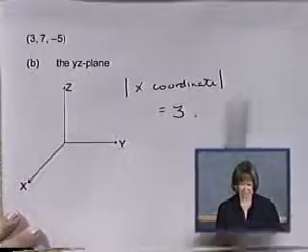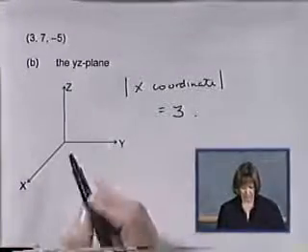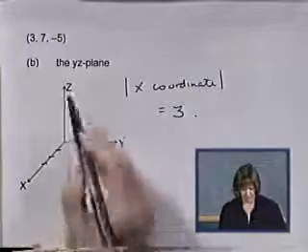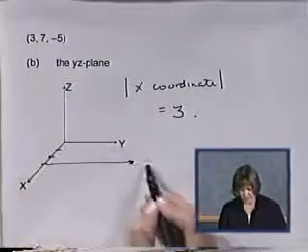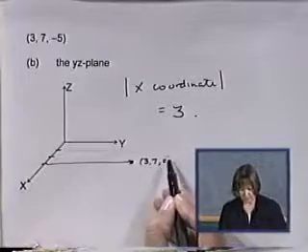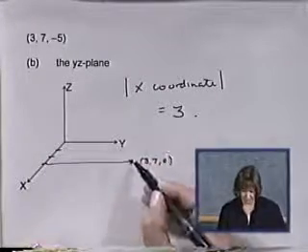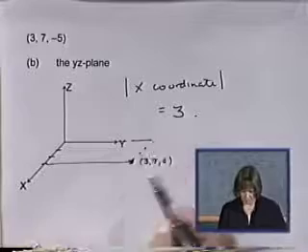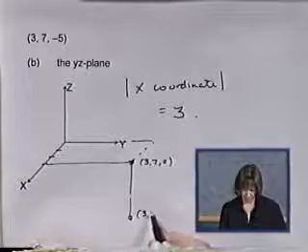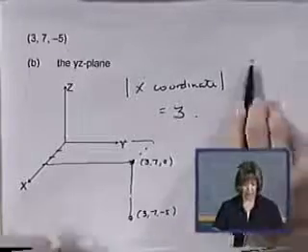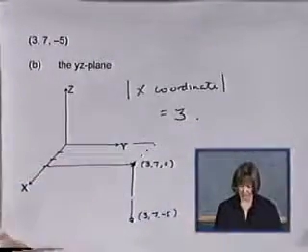Well, let's just see. But after a while, you're going to want to do it the quick and dirty way. If I go over 3 in the x direction, 7 in the y direction, so that point right there is 3, 7, 0, and then down 5. And I want to know the distance to the yz plane.